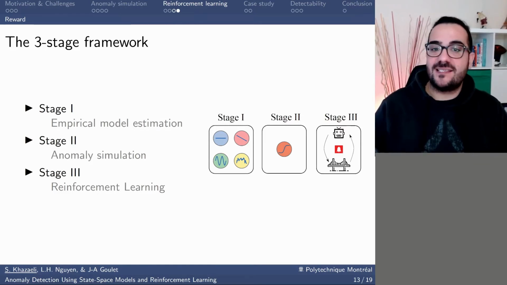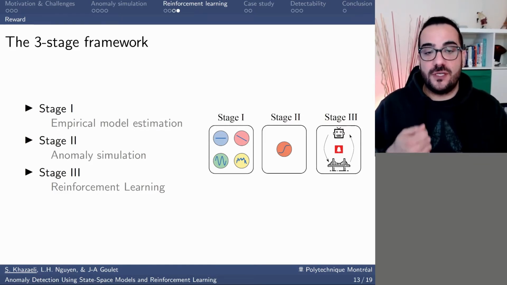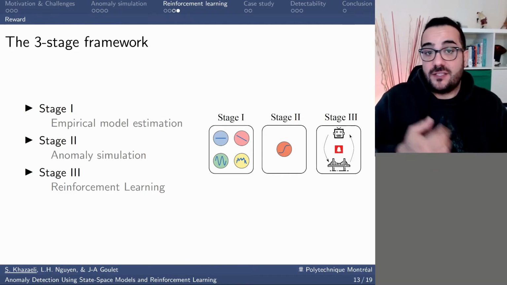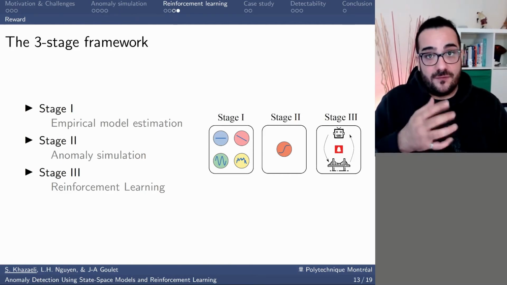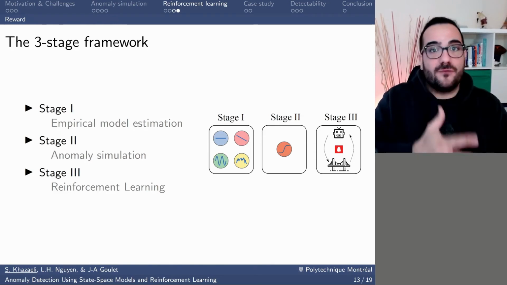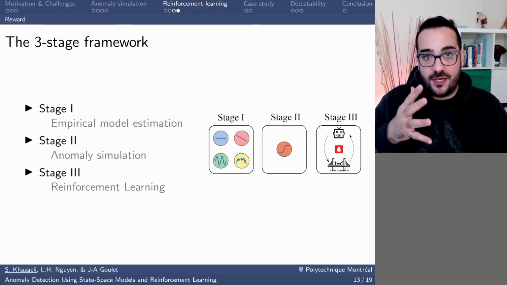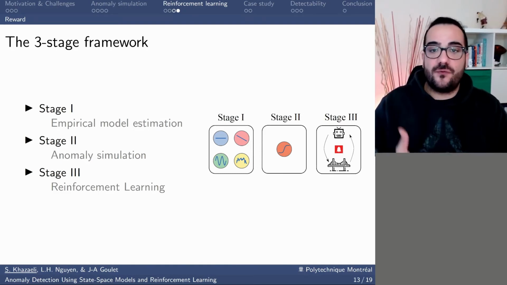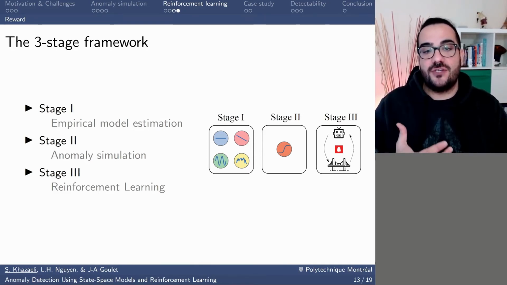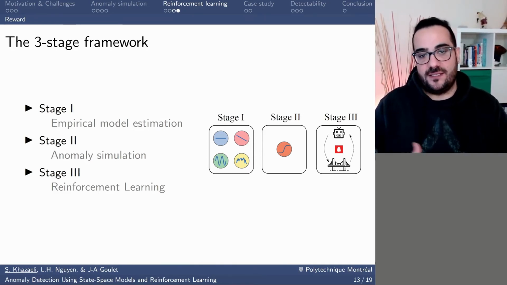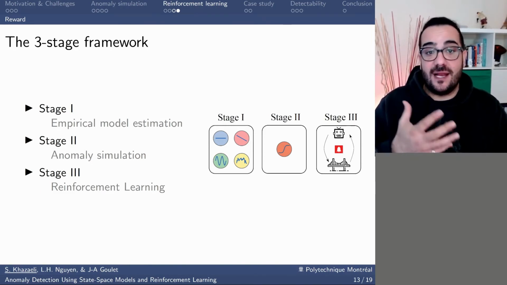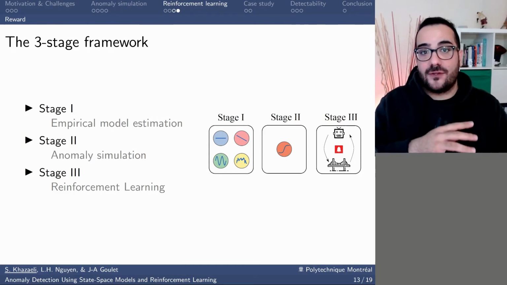In the second stage, we use the anomaly function to generate new anomalous time series and the subsequent underlying dynamics, and then we use it as the environment for the third stage. And in this last stage, we use reinforcement learning to train the agent to detect the anomalies.